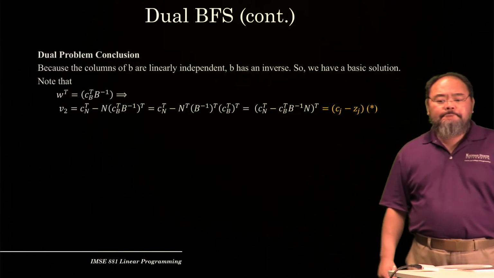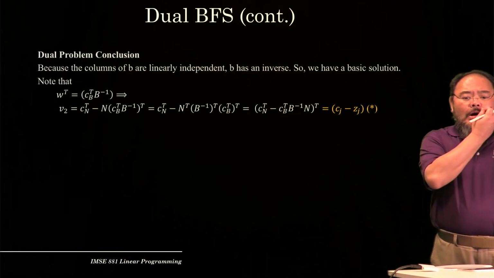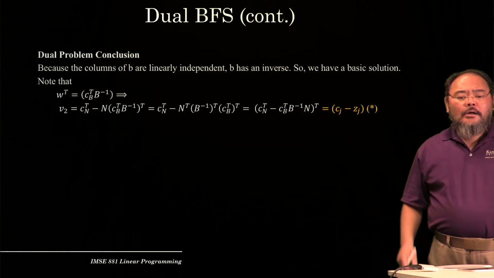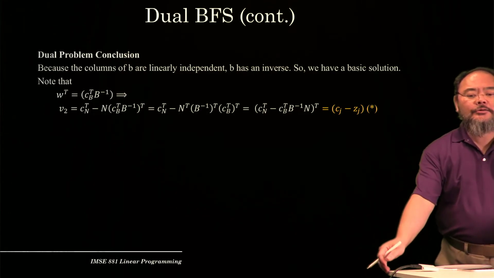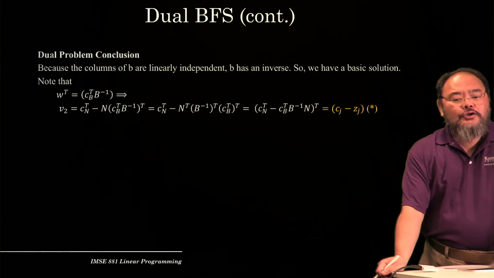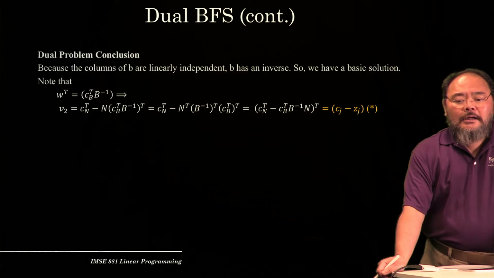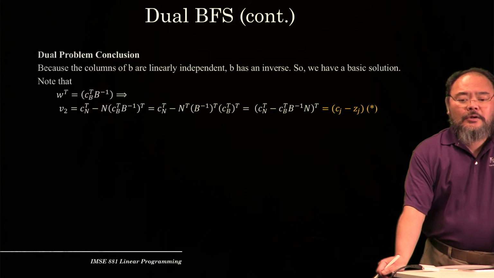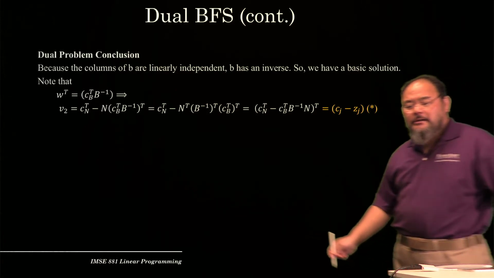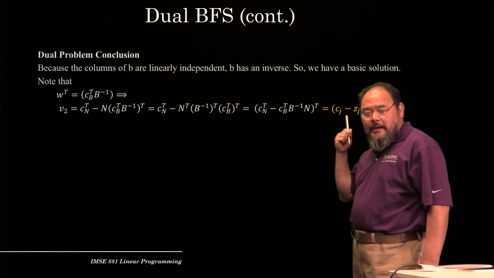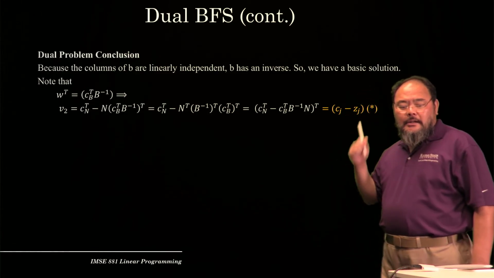Once more, omega transpose equals CB transpose times B inverse, and V2 equals CN transpose minus N transpose times omega, which is CN minus CB transpose B inverse N, and that is exactly the Cj minus Zj result.